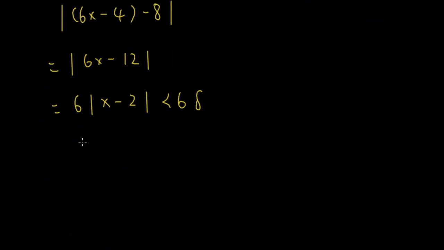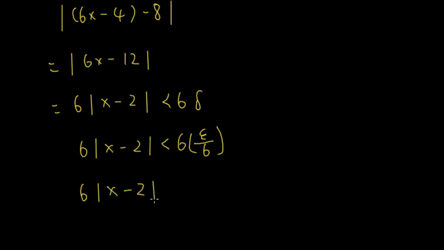Then we can say that 6 times the absolute value of x minus 2 is less than 6 times epsilon over 6, because we choose delta to be equal to epsilon over 6. Now 6 and 6 cancel out. We have 6 times the absolute value of x minus 2 is less than epsilon.